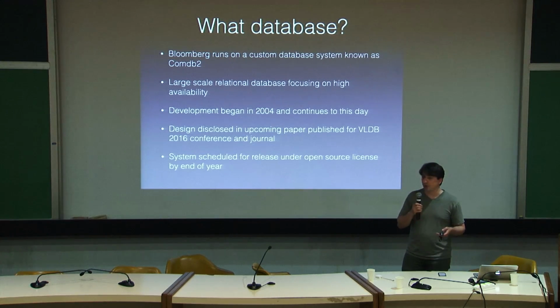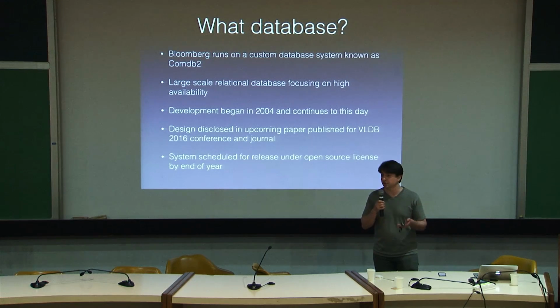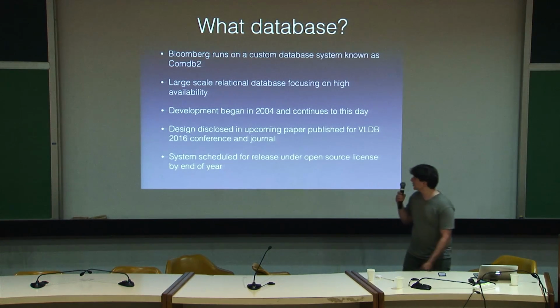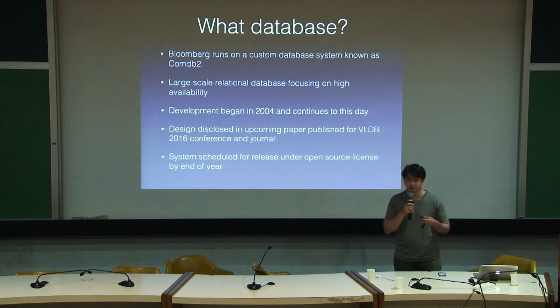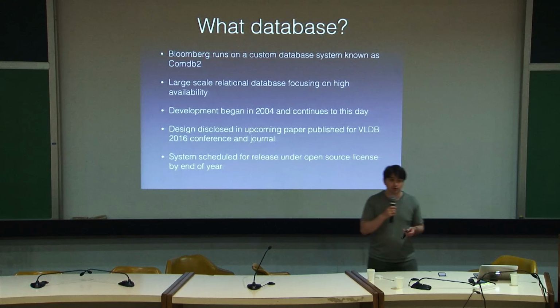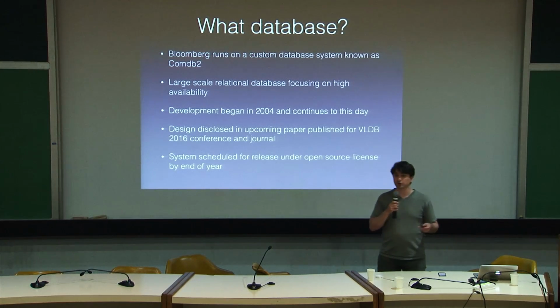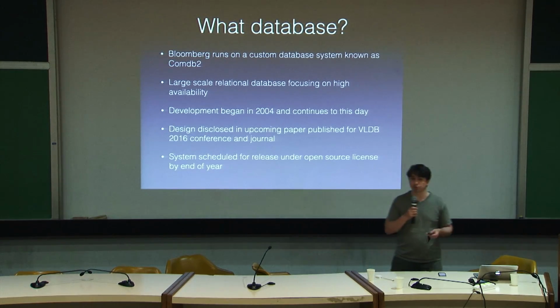It's on its way out the door, hopefully this year, to be released open source, so people will get to take a look at it. It's the subject of a paper that was accepted for VLDB 2016, so there'll be a published paper soon to explain how this thing works. That being said, I'm going to try not to talk too much about the database, but I just want to get into what the heck we're talking about here.